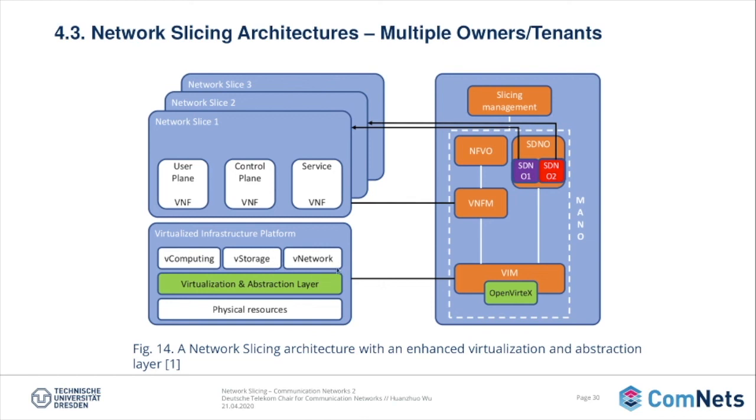And then such a virtualization layer can be organized, managed, or orchestrated by a newly introduced technology or component. We call it OpenVirteX. OpenVirteX represents an example of a network virtualization platform.